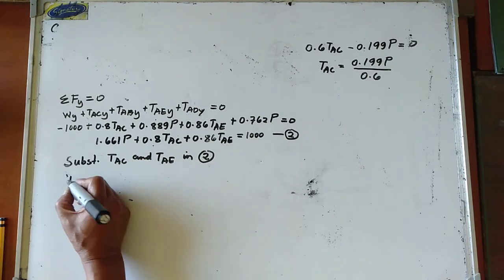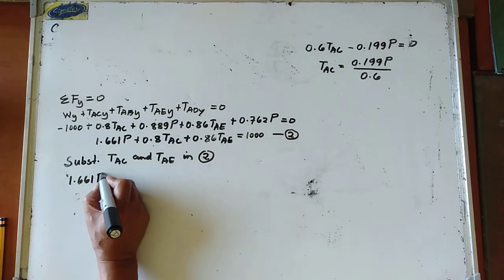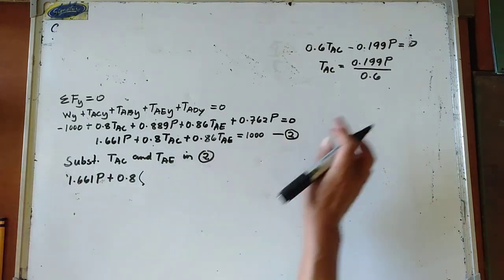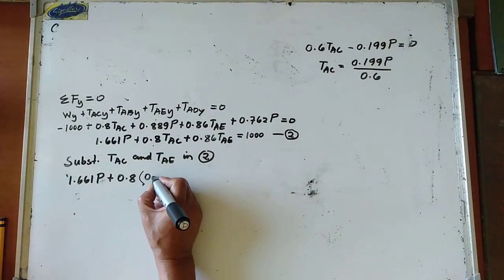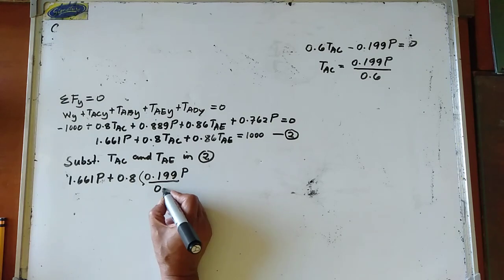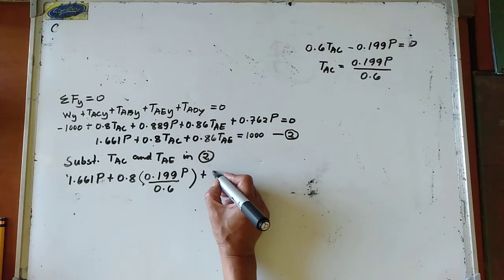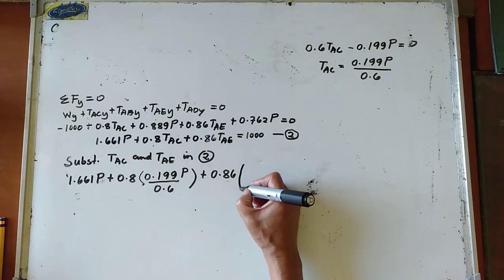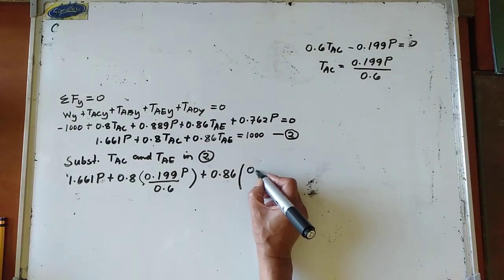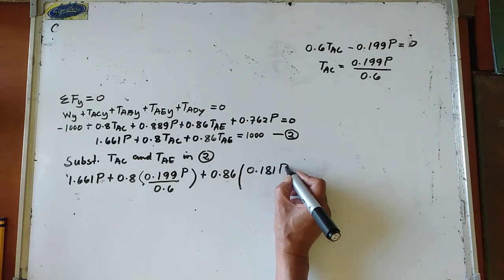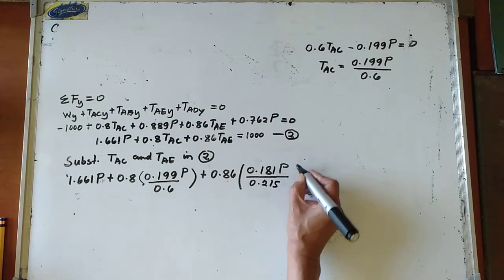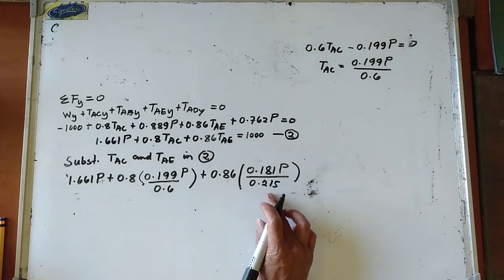So we have 1.661P plus 0.8 times your TAC, which is 0.199P over 0.6, plus 0.86 times your TAE, which is equal to 0.181P all over 0.215, solved using equation 1.